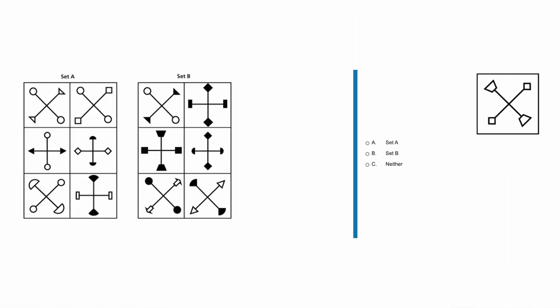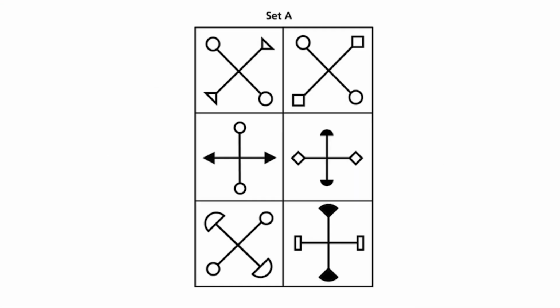So here again, I'm going to start by looking at set A. There appears to be many different types of shapes in different positions and different colours involved as well. So this is a conditional type question because in set A, if the shapes are unshaded, then the pairs are in an X formation. However, if one pair is shaded, then the pairs are in a cross formation.